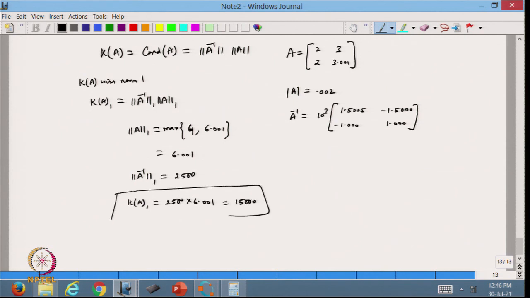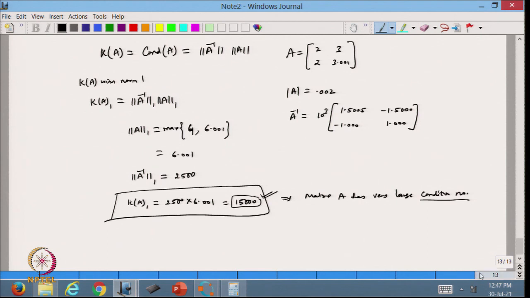So, you can see that the condition number of the matrix is very, very large. We expect that the condition number of the matrix should be close to 1, but here it is very, very big. So, from here I can say that this matrix A has a very large condition number. So, we can say that this system is ill conditioned.